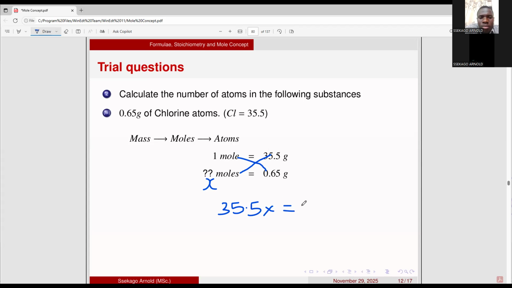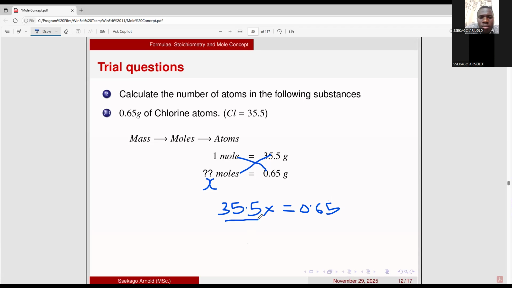35.5x is equal to 1 times 0.65, and 1 times 0.65 is the same as 0.65. So 35.5x is equal to 0.65, and making x the subject, we shall have to divide both sides by 35.5.